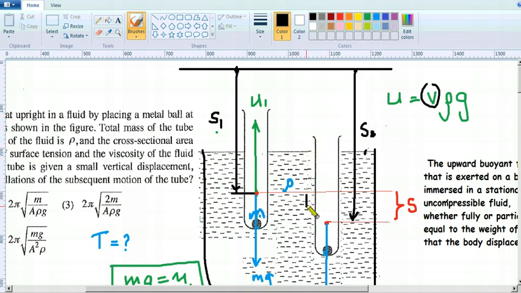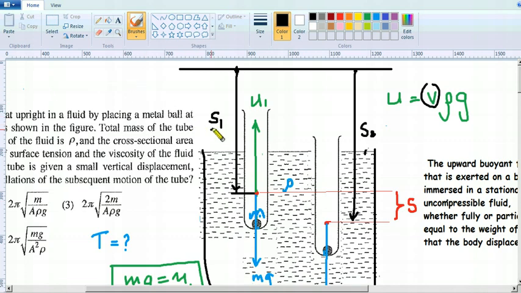So this is the change of displacement from here to here. That is why we write V equals delta S divided by delta T, the change of displacement in time delta T.